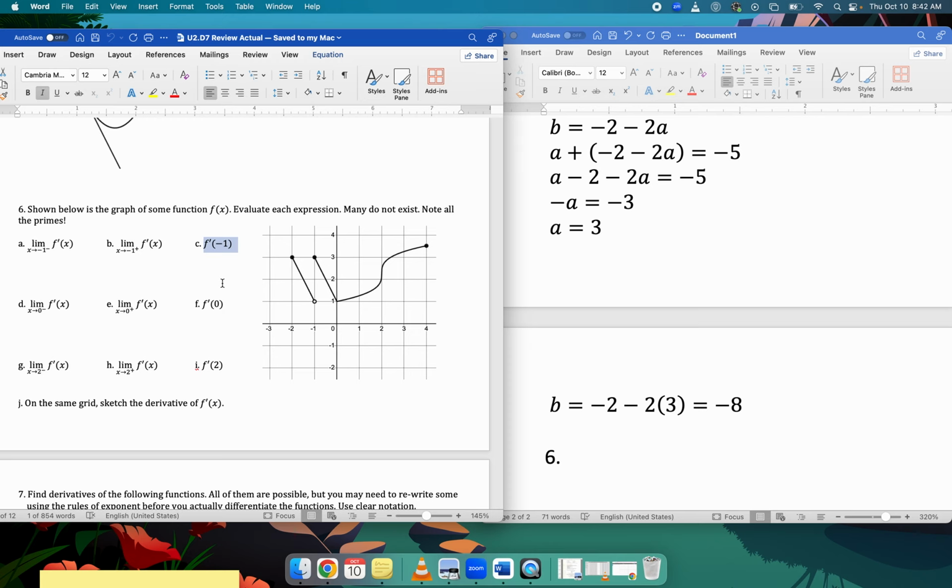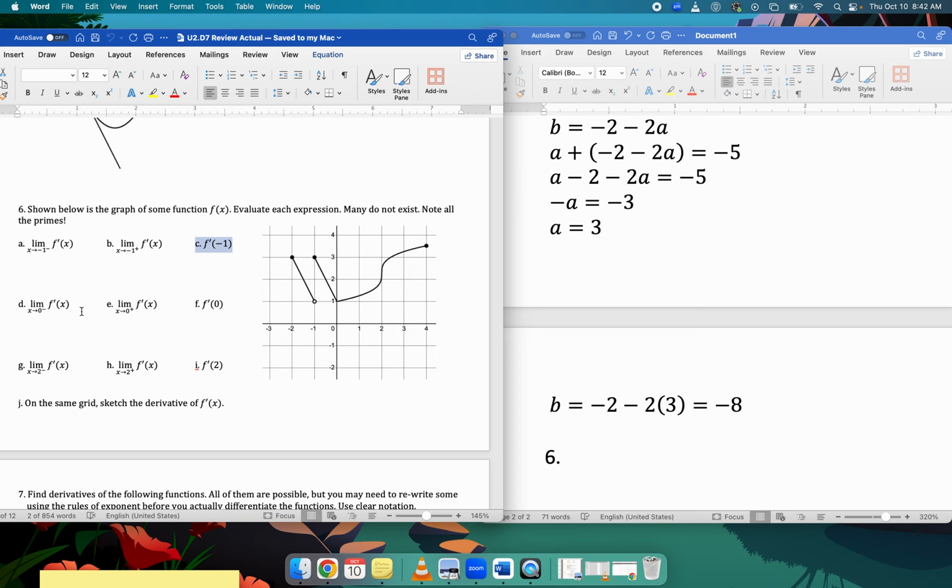I haven't drawn the derivative graph yet, but if I did, the derivative graph would have a removable, like a hole, discontinuity at -1, because the derivative is approaching the same thing from both sides. It's approaching -2 from both sides, but at -1, the derivative is undefined.